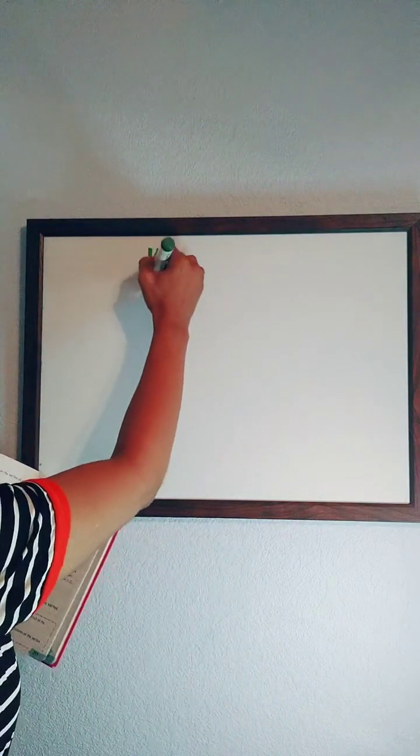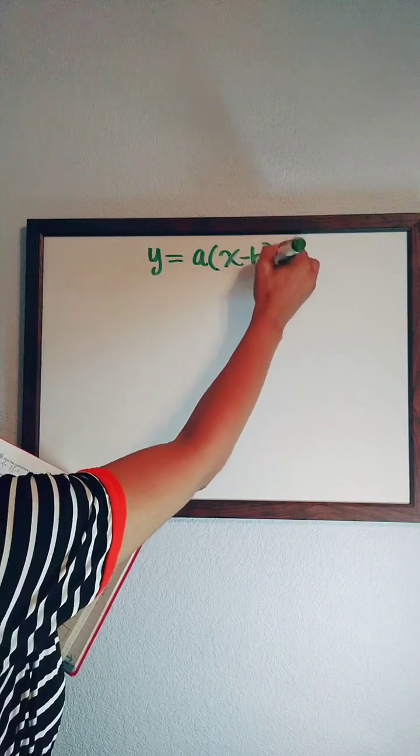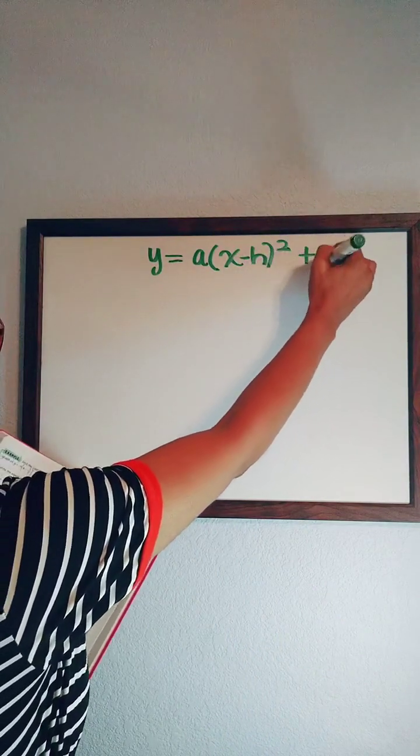You know me and this H and K. Hold on, let me see. Somebody said something don't have it. That's what I said. Let me see. This is your vertex formula: y is equal to a times (x minus h) squared plus k.